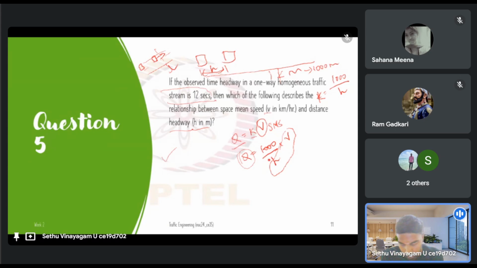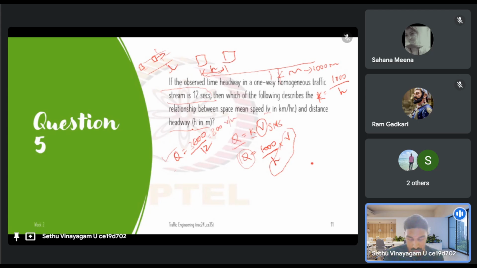So then the flow: in 1 hour, how many 12 seconds do we have? 3600 by 12. This is the number of 12 seconds that we have in 1 hour, and every 12 seconds we have one vehicle crossing. So the flow will be 3600 by 12, which is nothing but 300 vehicles per hour.